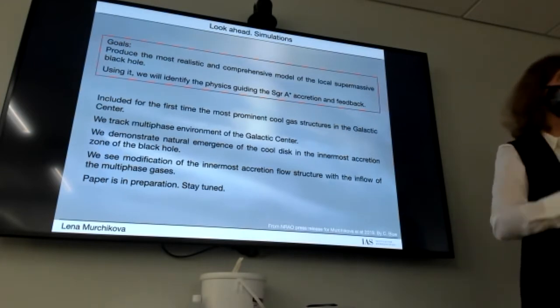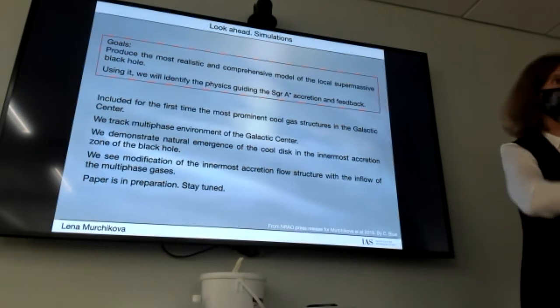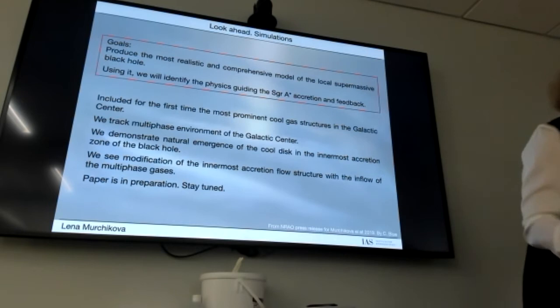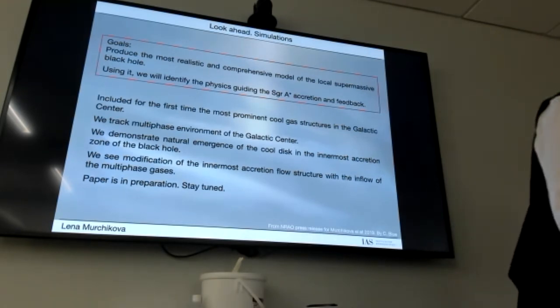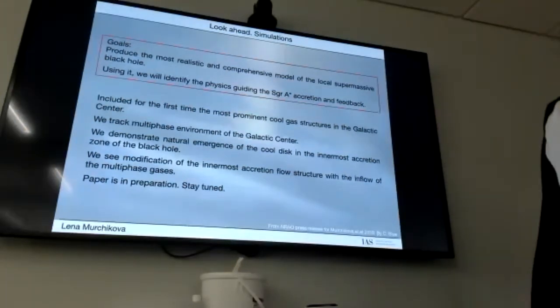And I already told you that our simulation seems to be quite well on the way to reproduce the variability as we observe it. And also, with our simulations, we show the emergence of the mini spiral, and the cool disk is less important because it's really hard to avoid creating that.